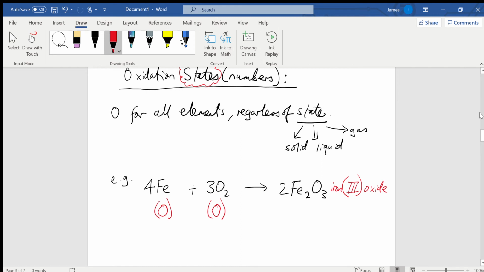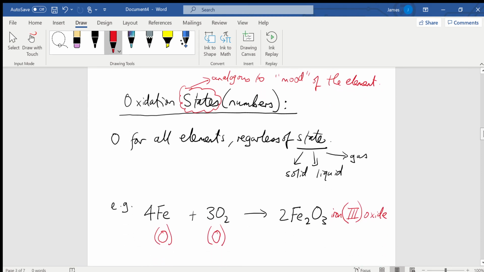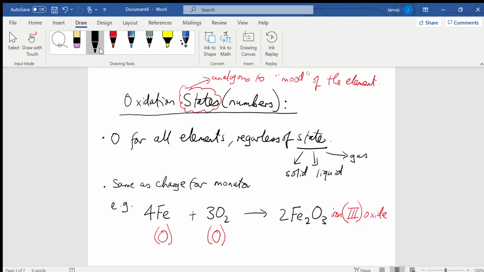Let's see, maybe I've got room to put an extra rule above. Yeah, I do. I'm going to go ahead and insert another little rule here. The oxidation state is the same as the charge for monatomic ions. So a monatomic ion is just an ion made up of one atom, which is what we have here.